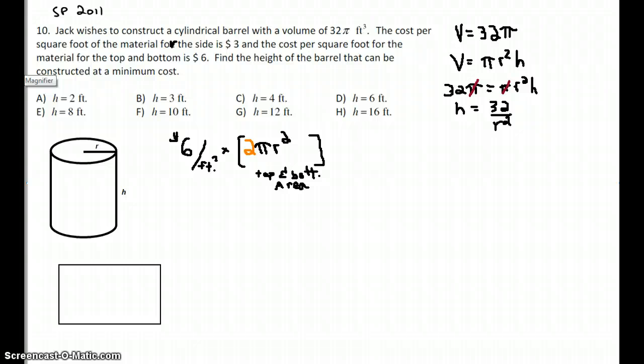Now, unrolling it will give you a length of the circumference, 2 pi r. The height will still be h. So the area for the lateral side is 2 pi r h. And that costs $3 per square foot.